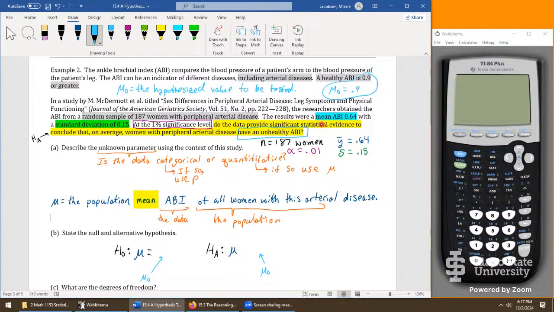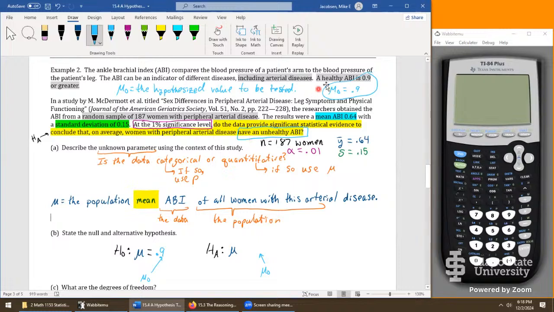It goes then down right here, 0.9. And the null hypothesis is a claim that nothing special is going on, that even women with peripheral arterial disease have a healthy ABI, ankle brachial index. So that's what the null hypothesis is saying. But the alternative hypothesis is asking, do they have an unhealthy ABI?